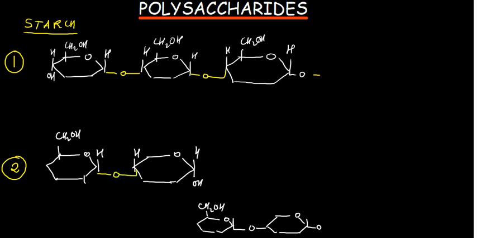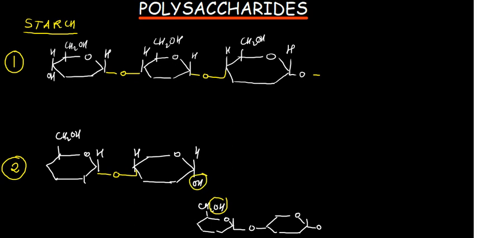Now the only difference is, for this other starch molecule, carbon number 1 is also going to interact with carbon number 6 here. So you can see that we have OH, and then we also have OH there. So those are also going to interact.